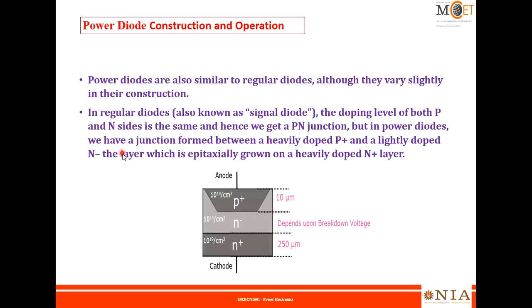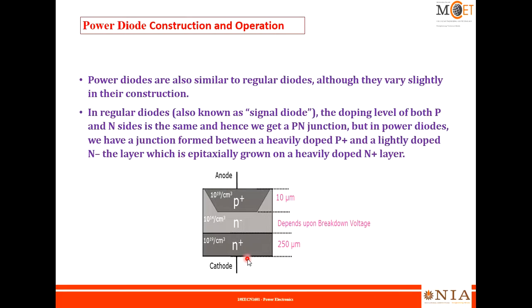But in power diodes, the junction is formed between a heavily doped P plus and a lightly doped N minus layer, so power diodes differ in structure from signal diodes. The lightly doped N minus layer is epitaxially grown on a heavily doped N plus layer.